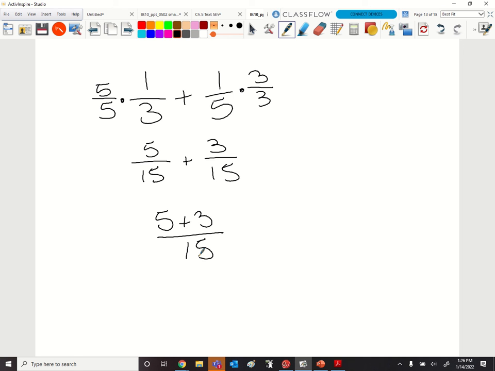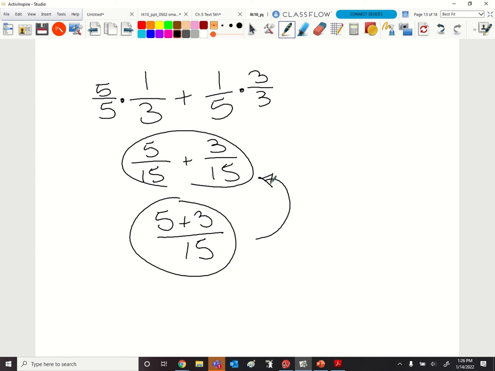So what I am doing here is I'm going to take these and switch them back and forth. Because what I have on my other page in my notes, it says 5 plus 3 over 15. So it has a common denominator of 15, but I'm going to go backwards and separate my terms.